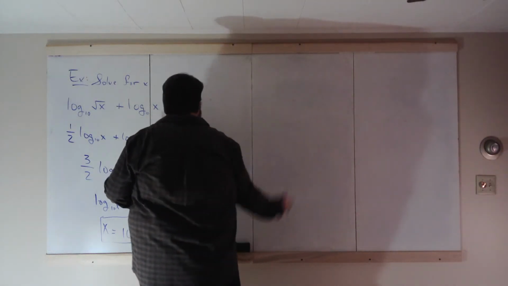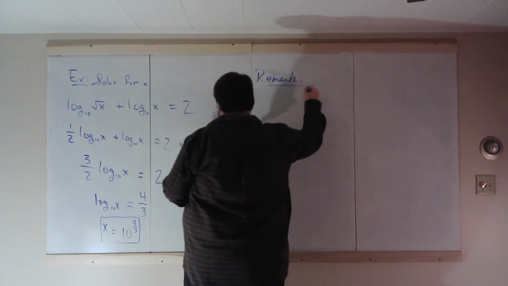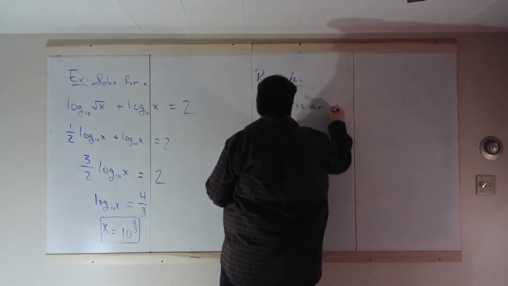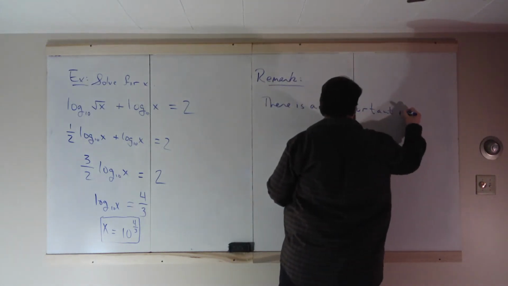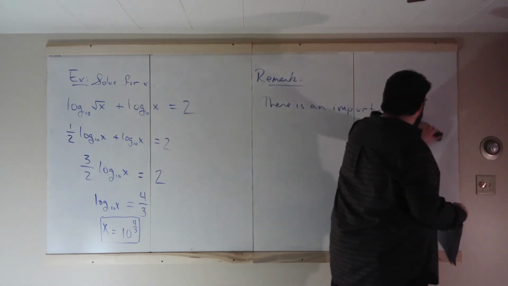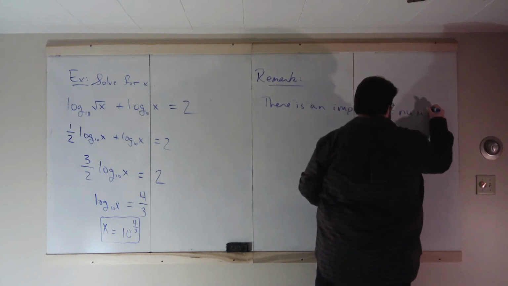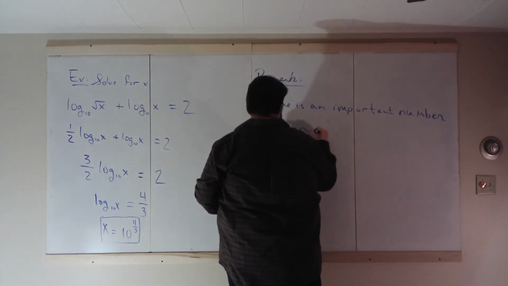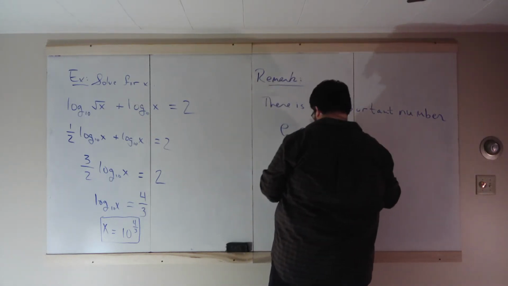But let's make one last remark about logarithms. There is an important number called e, which is approximately equal to 2.718.